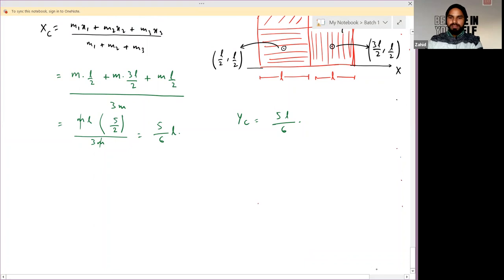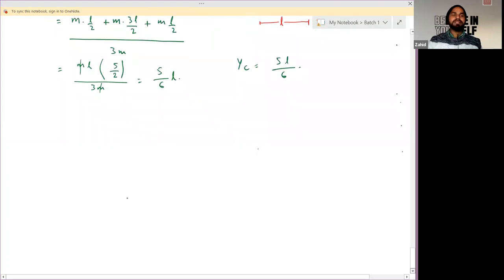Let me define you the other concept of the center of mass.